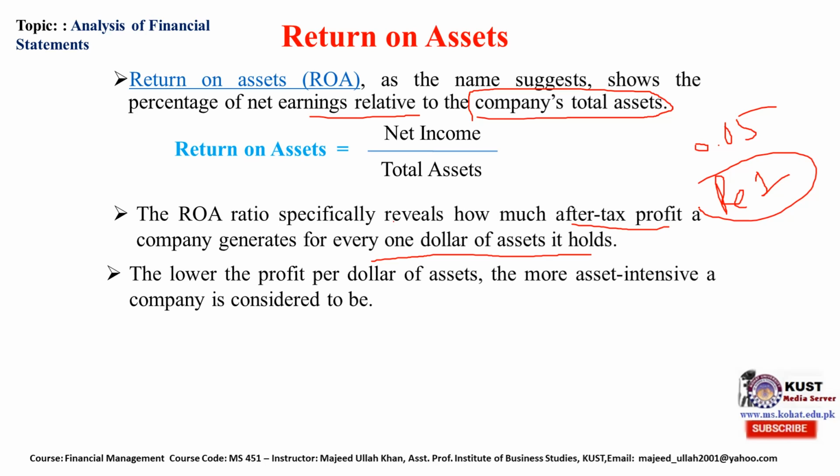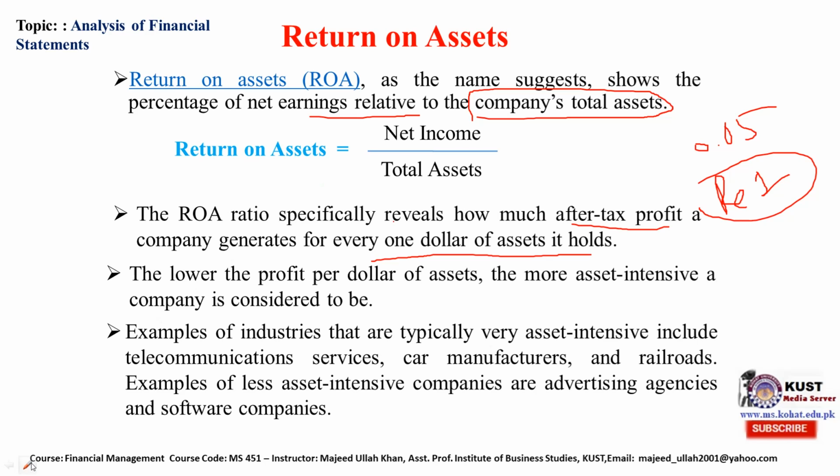The lower the profit per dollar of asset, the more asset intensive the company is considered. If the return on asset is low, we can conclude that it is among the more asset intensive companies.